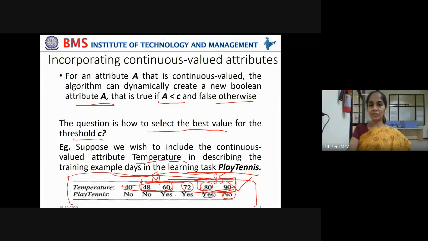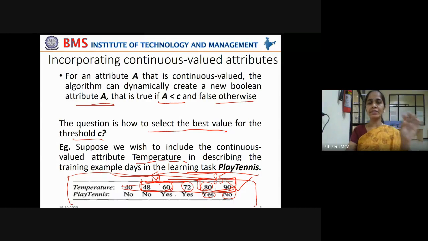Now take the information gain when the split point is taken as temperature 85, temperature less than 85, make the classification. Temperature greater than 85, make the classification of the training examples. Now find out the information gain with that threshold 85.